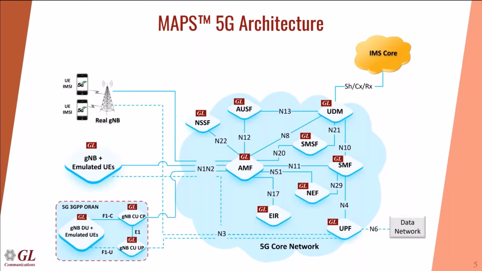Let's take a look at the AMF. The AMF handles registration, mobility, and connection management. In a real network, it must support thousands of UEs attaching simultaneously. So how do you test before deployment? Using MAPS, we can simulate mass registration storms. We can test mobility anchors.